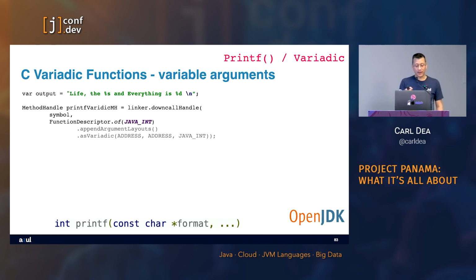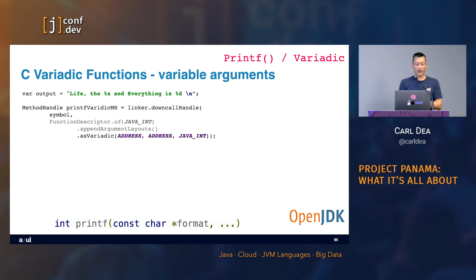And then there's the appendArgumentLayouts. This gives you an opportunity to start describing the things in this var args that you want to pass in. So you still have to describe them. As a variadic, there's a function in the foreign function API called asVariadic, and you're describing it.